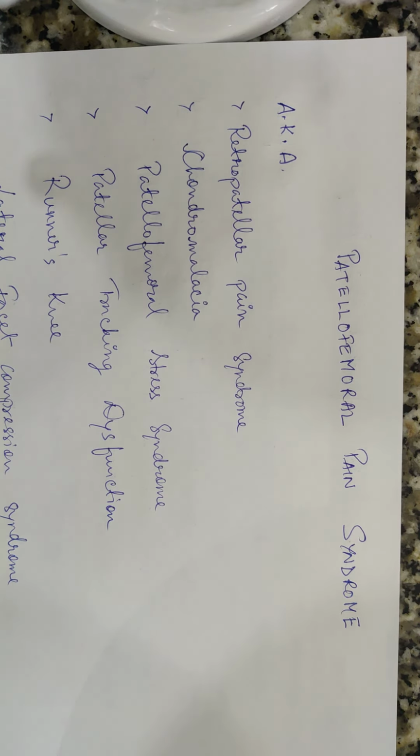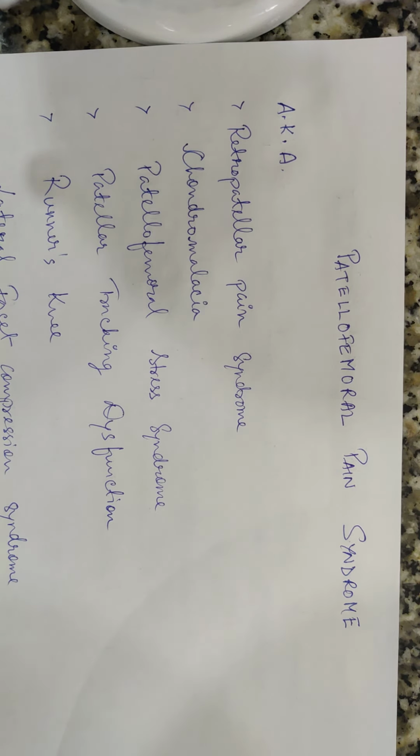Now this patellofemoral pain syndrome is a broad term which describes the anterior knee pain, and since the name suggests patellofemoral, we can understand that it involves the structure called patella and the bone of the thigh called femur.